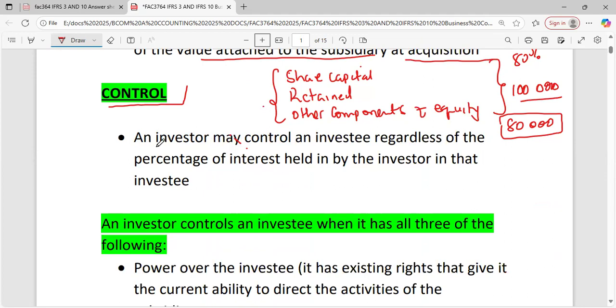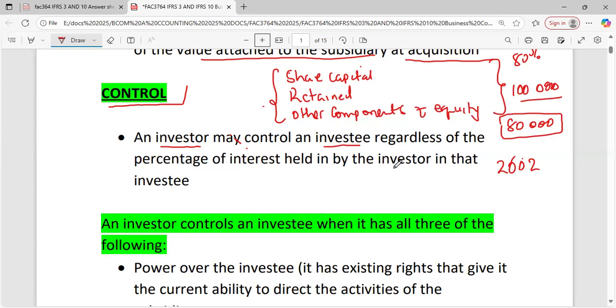So the parent is the investor because it's the one who purchases shares in the investee, who is the subsidiary. And if you guys can still remember it, in FAC 2602, we were saying they can have control if they have more than 50% interest.